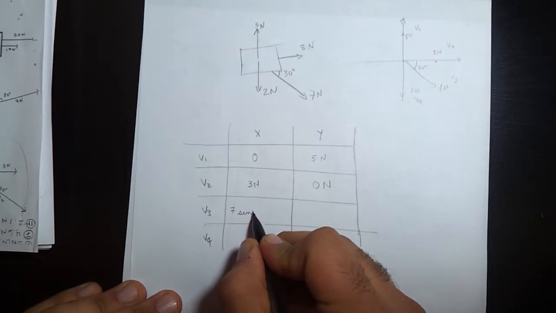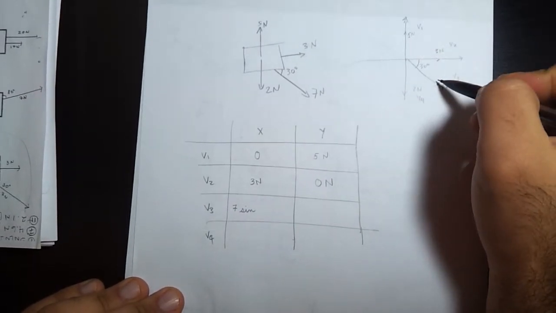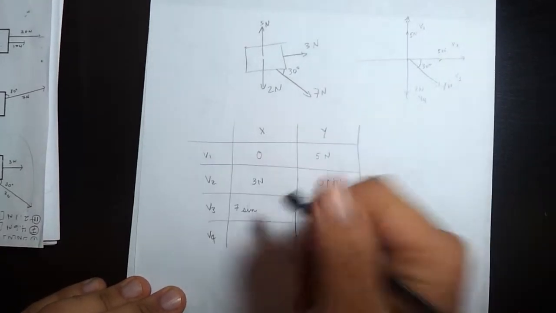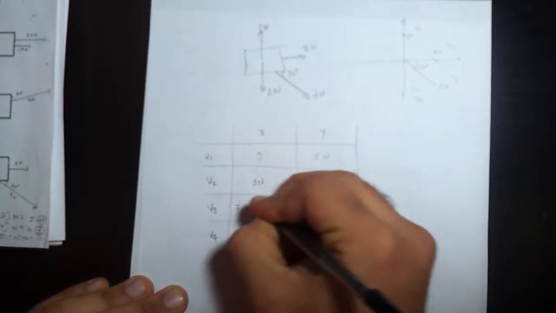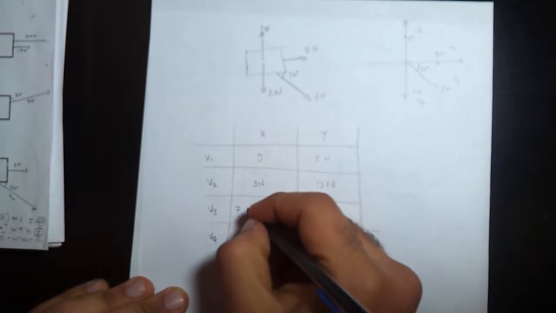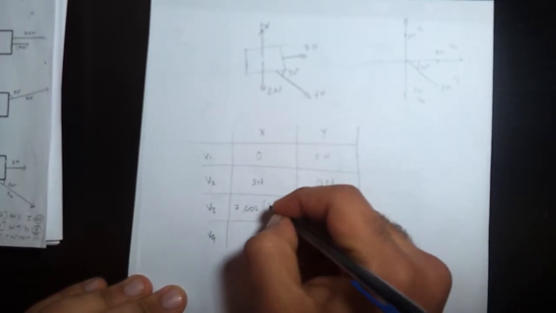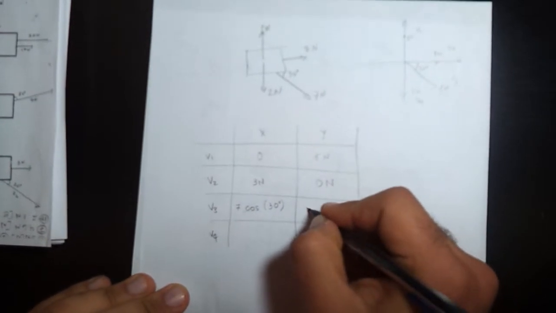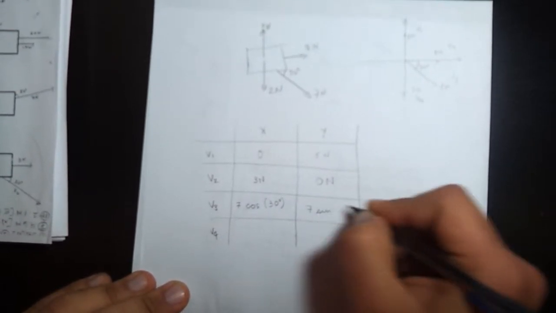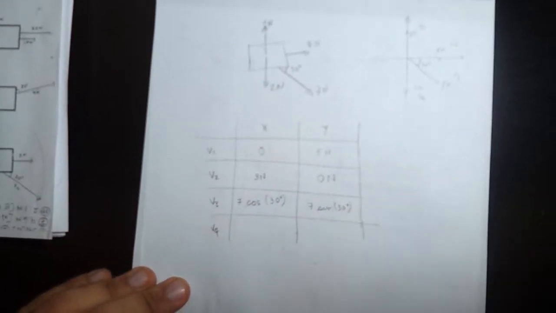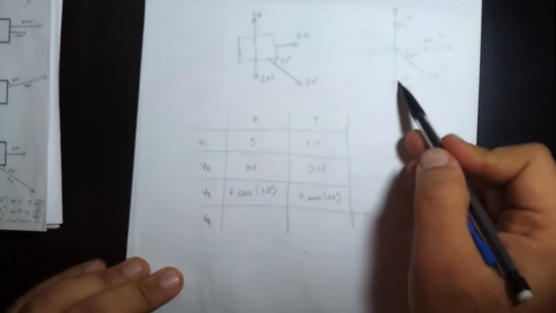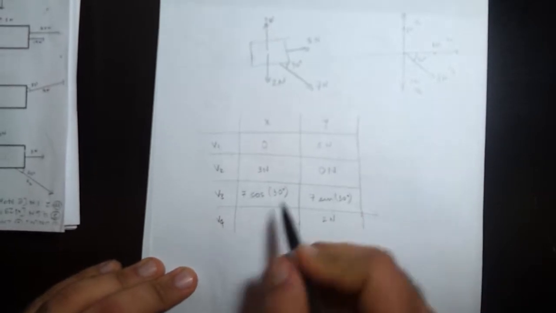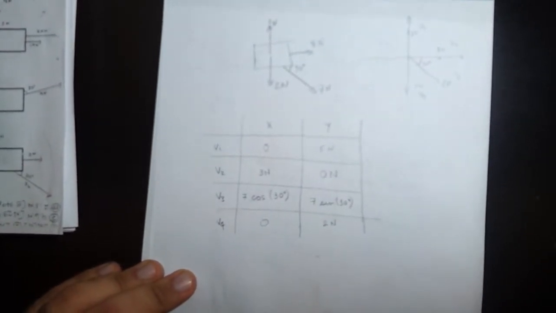Sine, is it sine? Opposite over adjacent. So it's actually cos 30 degrees. And the y component is 7 sine 30 degrees. Vector 4 only has a y component, and that's 2 newtons, and the x component is 0.